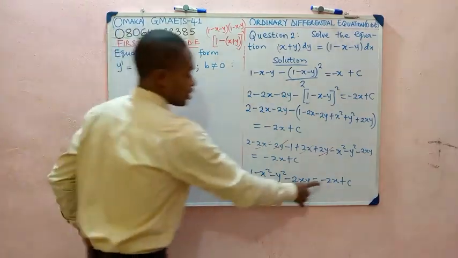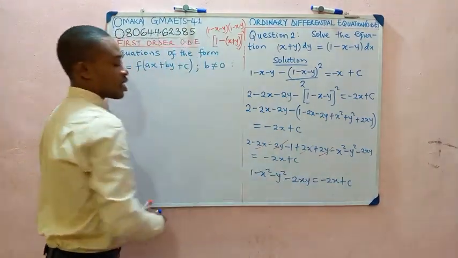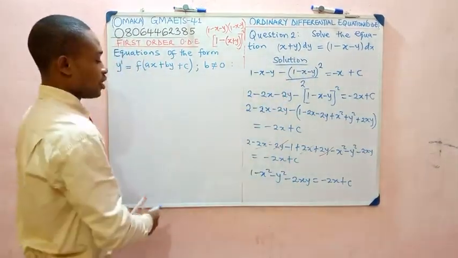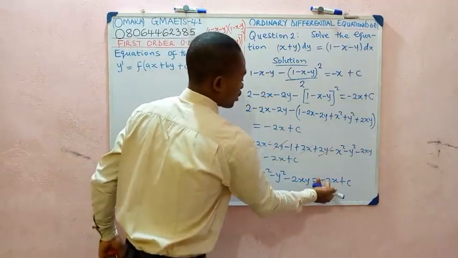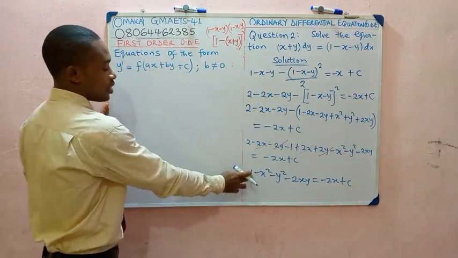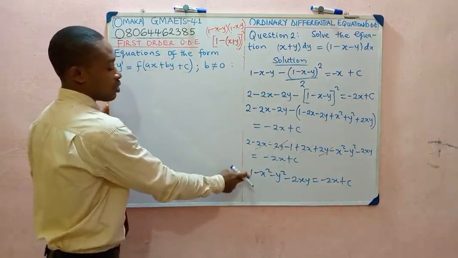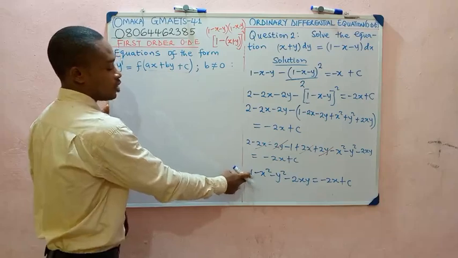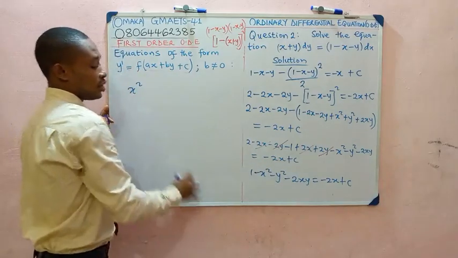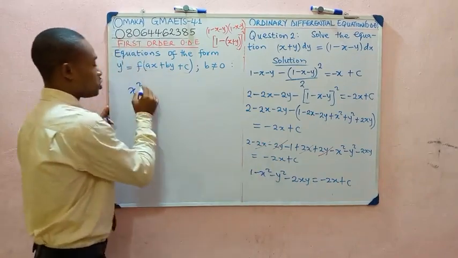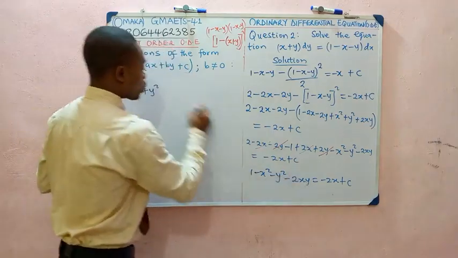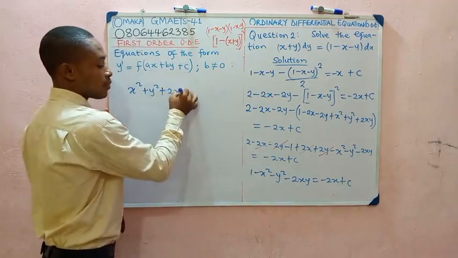Now if I collect this 2x to this left hand side and then multiply everything by negative, is that okay? Let's multiply everything by minus and then transfer this 2x to the left hand side. If you multiply this by minus, this one will change to minus 1. This minus x squared will change to x squared. Minus y squared will change to plus y squared. Minus 2xy will change to plus 2xy.